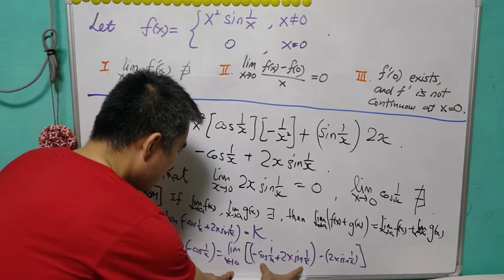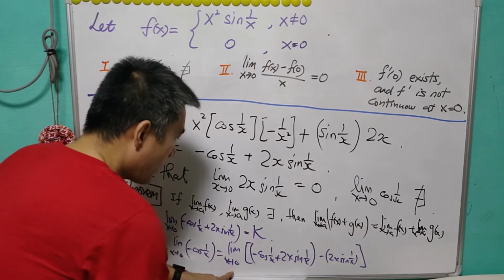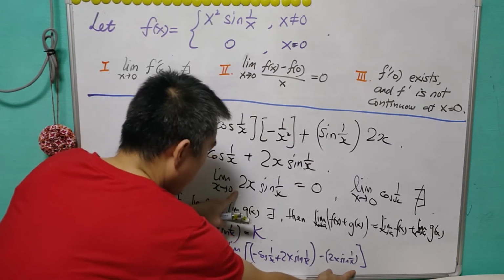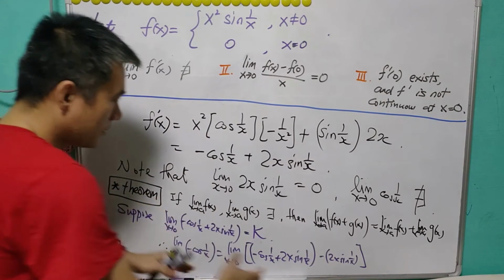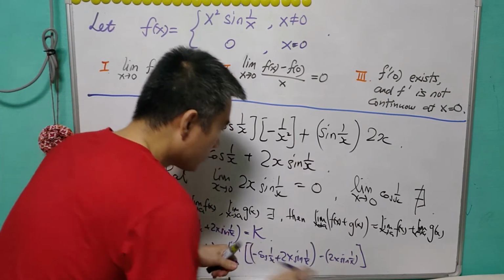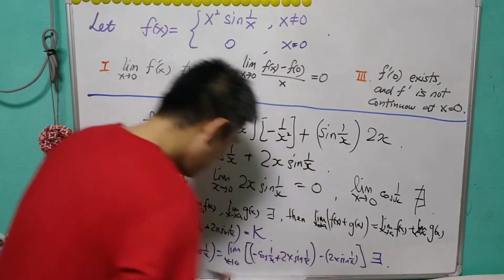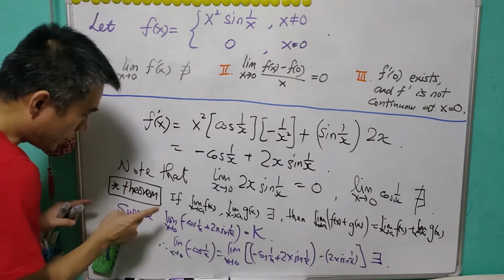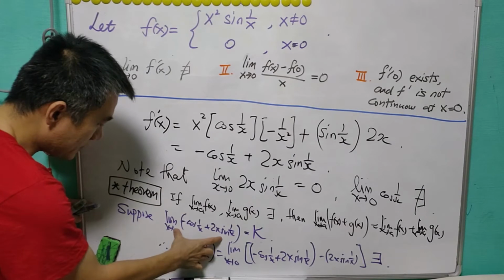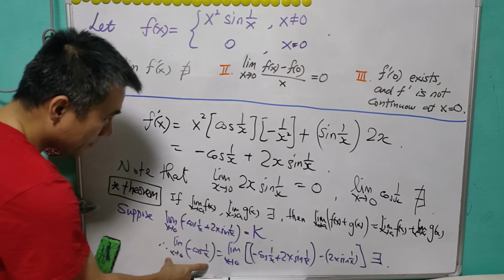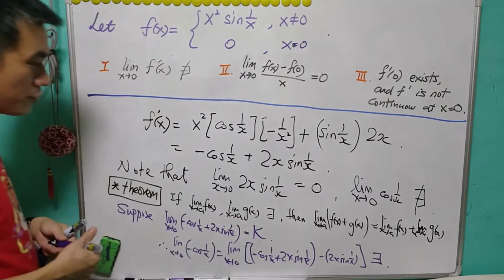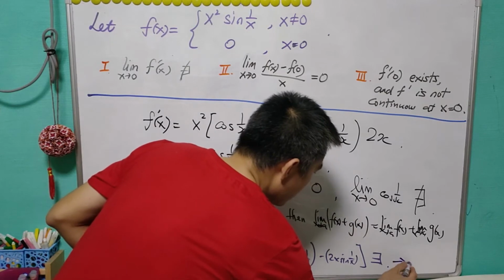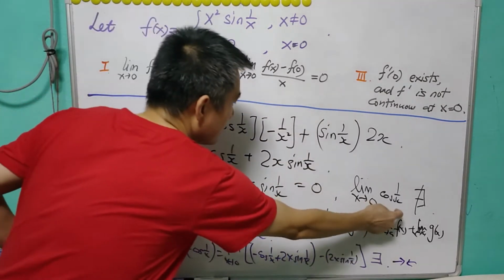We assume that the first limit exists, and we already know that the second limit exists. From the theorem, the sum or the difference will also exist. So with the assumption the limit exists, the limit of negative cosine 1 over x will also exist, and this will be a contradiction because we already know that it does not.